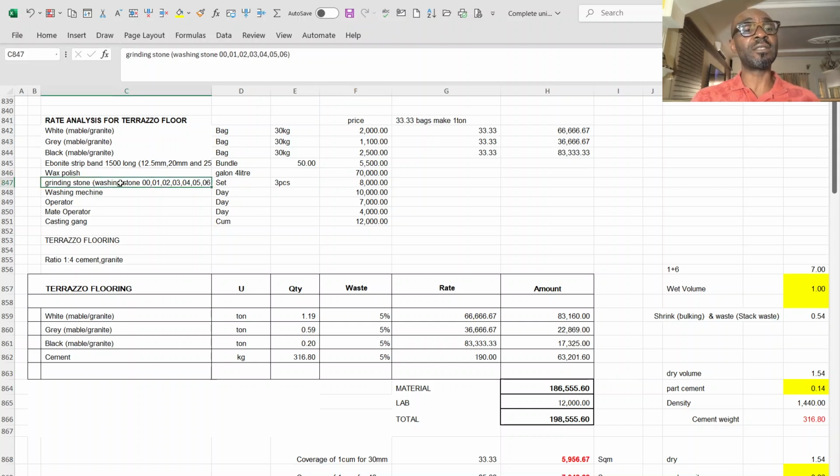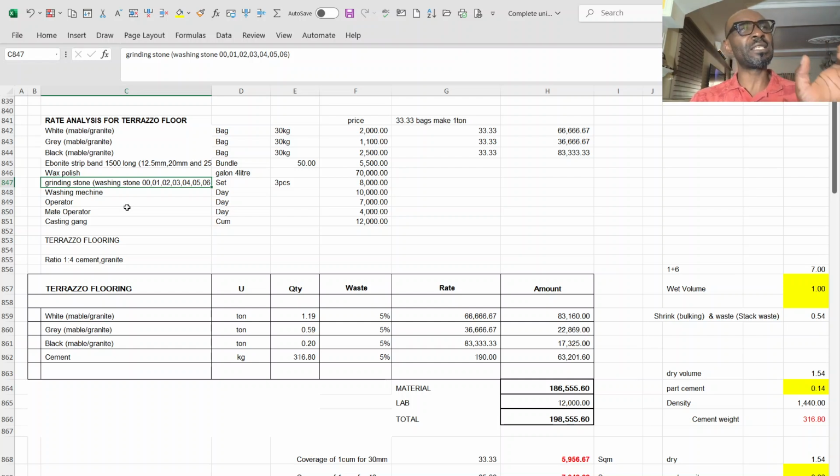Then you have the grinding stone, basically known on site as washing stone. Because the machine you are going to use is a machine that uses water to grind off the top of the floor to your desired finish. So the grade of stone ranges from 00, 01, 02, 03, 04, 05, 06.